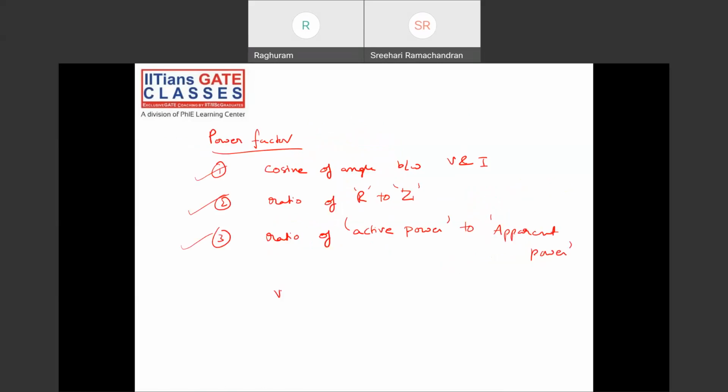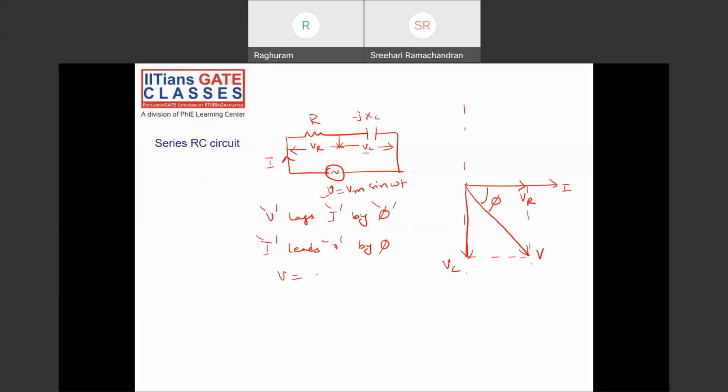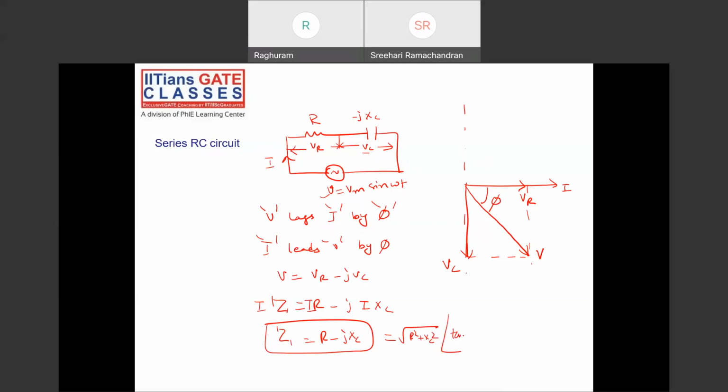So again, V is equal to the square root of R square plus XC square, tan inverse of minus XC by R. Impedance is R minus jXC in case of an RC circuit.